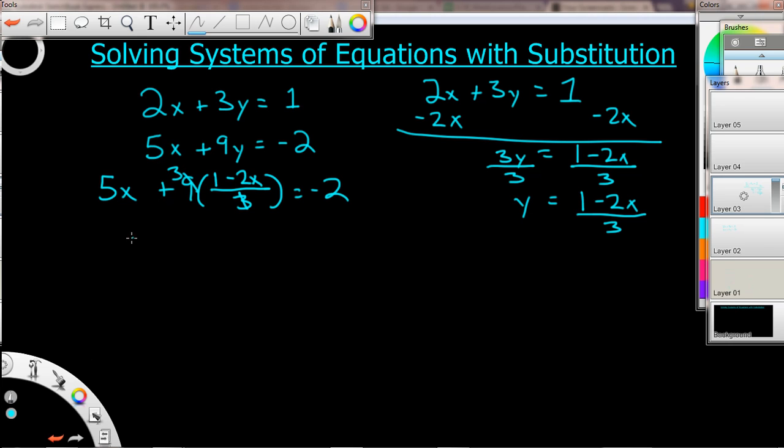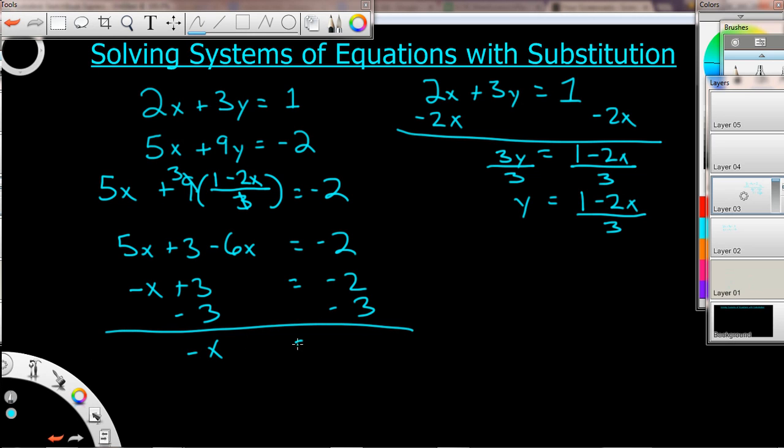Okay, so now I have 5x plus 3 times 1 is 3. 3 times negative 2x is negative 6x. And this is equal to negative 2. Combine like terms. Negative x plus 3 is equal to negative 2. Subtract 3 from both sides.